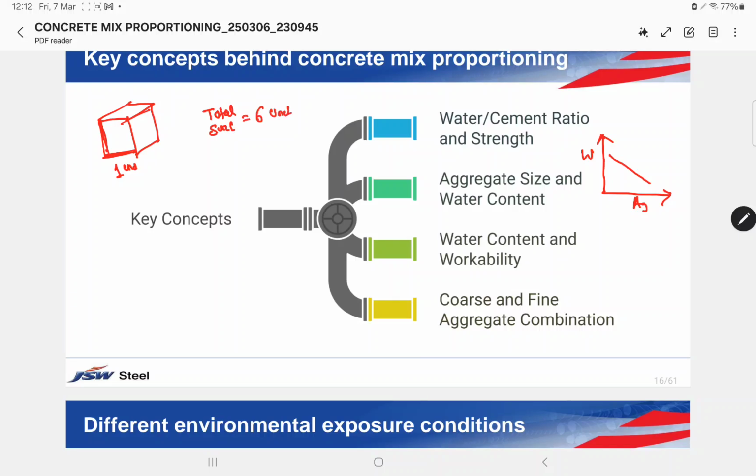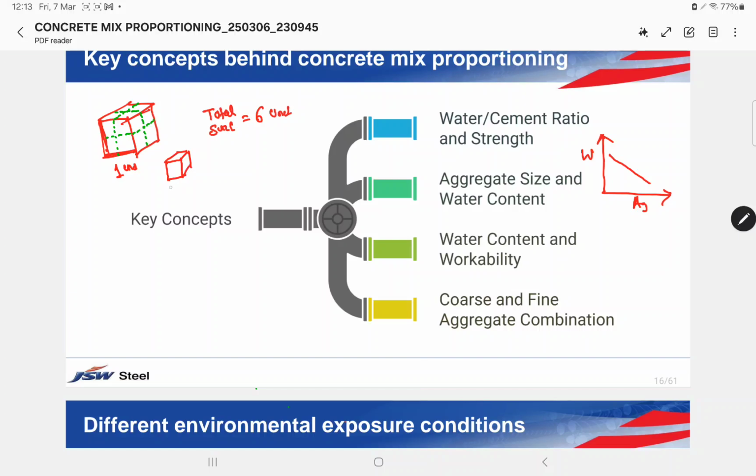Now suppose I cut this cube in half, both vertically and horizontally. So now a single cube has become, sorry, 8 small size cubes.